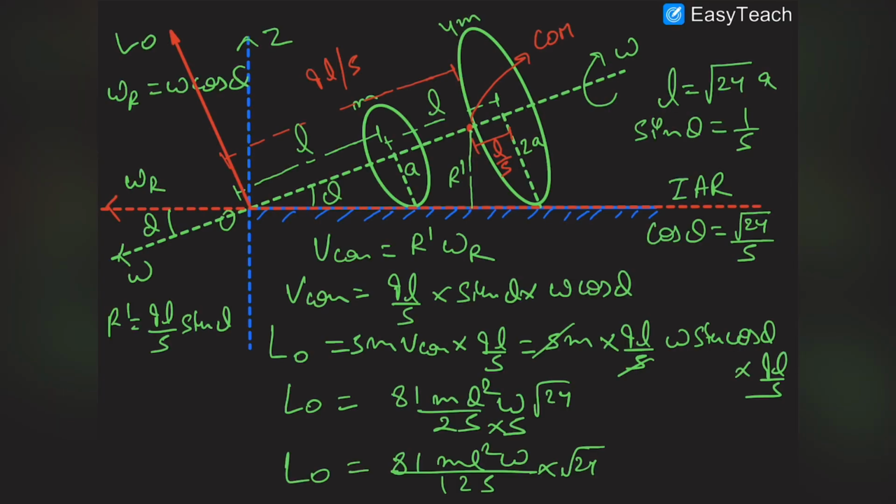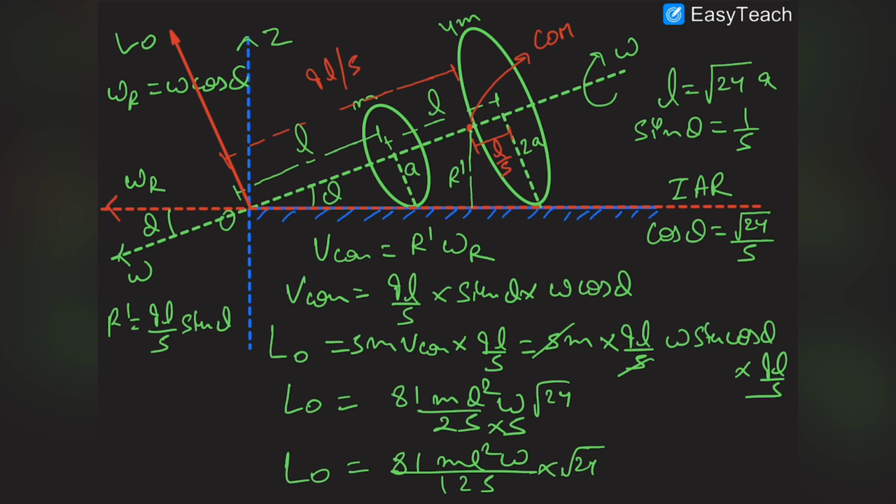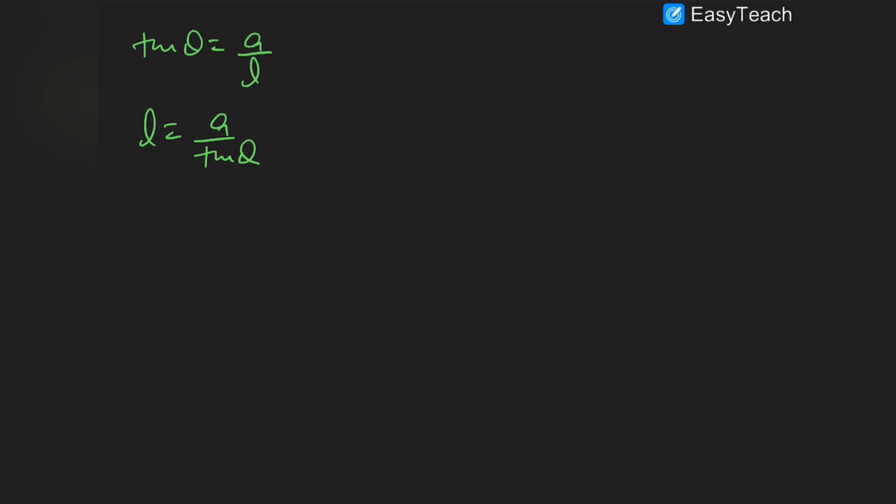Now we have to represent the answer in terms of L and in terms of A. So you can see that A upon L is tan theta. So tan theta is equal to A upon L. So I could substitute the value of L as A upon tan theta, and the value of A upon L is given as 1 upon root 24.